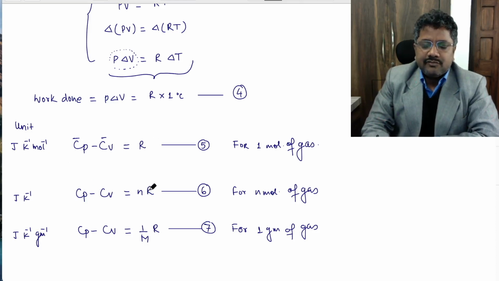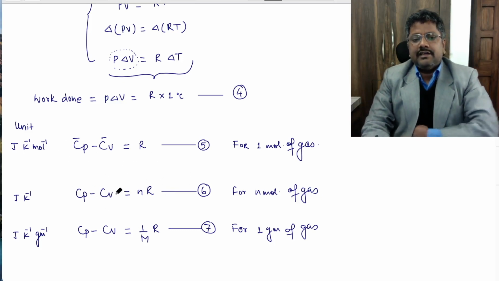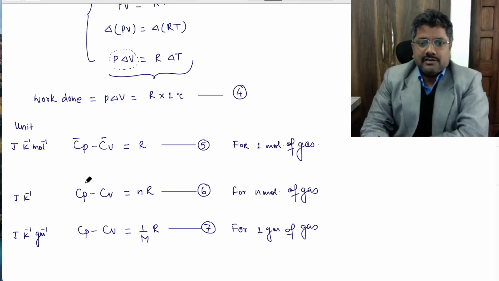Here, joules per Kelvin per mole into n moles. So mole and mole cancel. So joules per Kelvin. So here the unit of this CP and CV is joules per Kelvin.